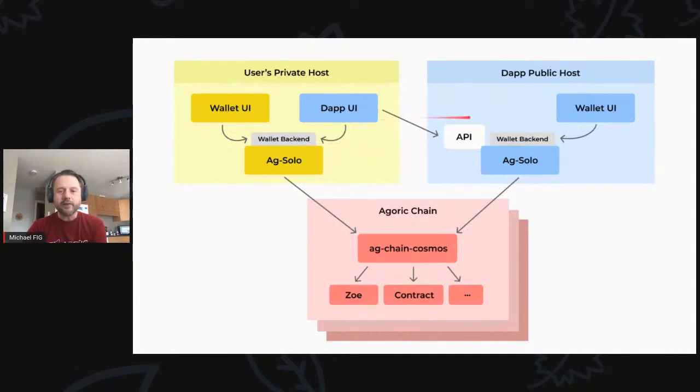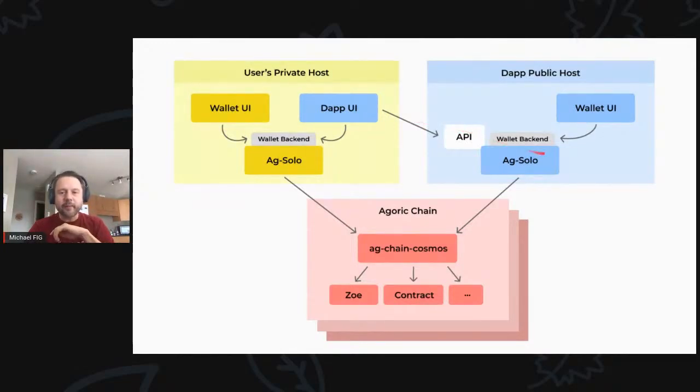So the dApp UI would be served from the dApp public host, and the dApp UI talks to the API on the public host, which uses its own AgSolo to provide access to on-chain contracts that only the dApp public host can access. So the dApp UI is basically in between your own AgSolo and the dApp's AgSolo, negotiating between them to create offers and to actually enact them using the contracts on the chain.